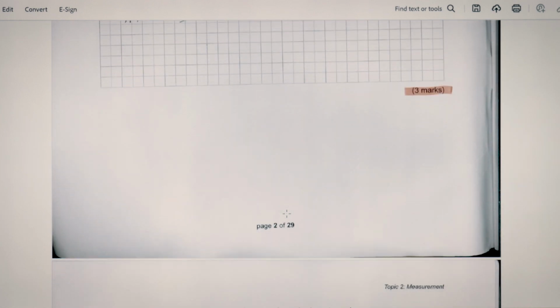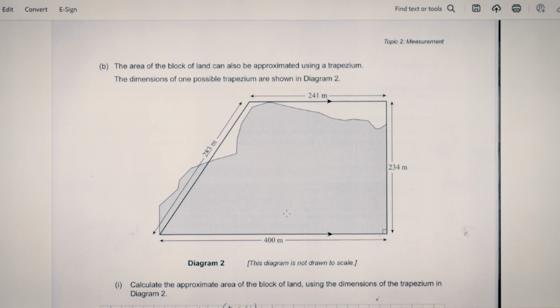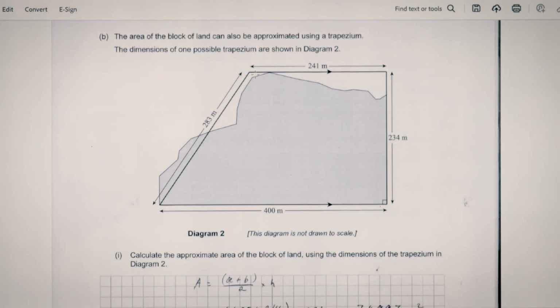Then the next question: here we have an approximate shape. The area of the block of land can also be approximated using a trapezium. The dimensions of one possible trapezium are shown in diagram 2. This year we tried to make very good boundaries to see which areas are included and which are not, because in the previous exam there was a shaded area.